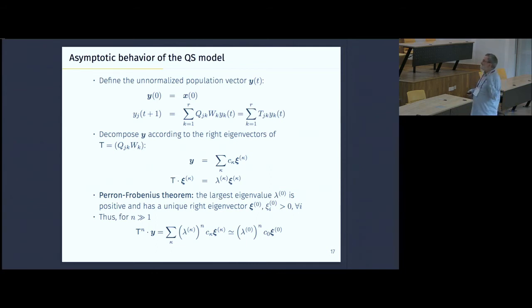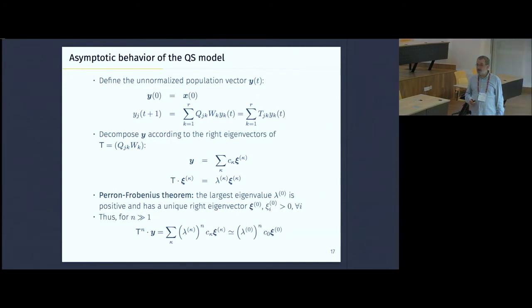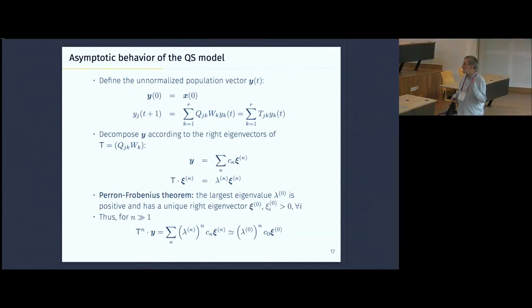And then we have a very strong theorem, which is the Perron-Frobenius theorem, which tells us if you have a matrix with non-negative entries and with some technical conditions that I'm not going to describe, but we assume that they are satisfied, the largest eigenvalue, lambda 0, is positive, has a unique right eigenvector. It's important it is a unique right eigenvector whose entries are all positive. Not just non-negative, positive.